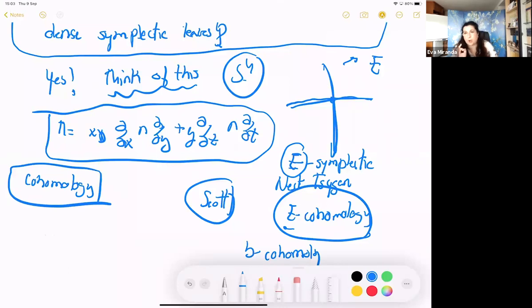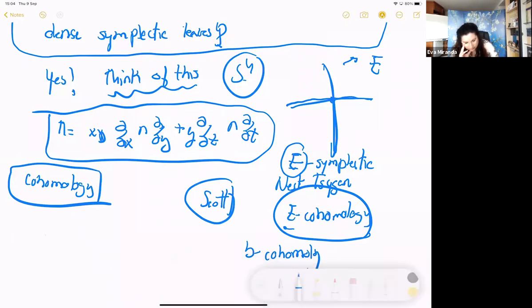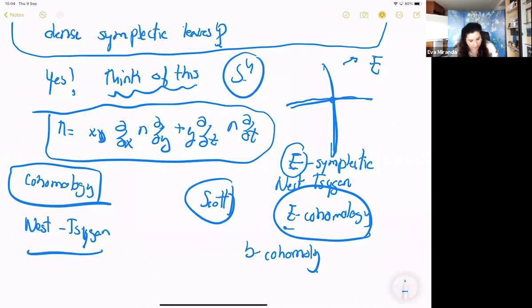I didn't plan to cover this in this course because I wanted to focus on these applications to celestial mechanics and to symplectic topology. But let me mention that Nest and Sagan, who are not cited enough in this business, started to consider the deformation quantization of manifolds with boundary, symplectic manifolds with boundary.